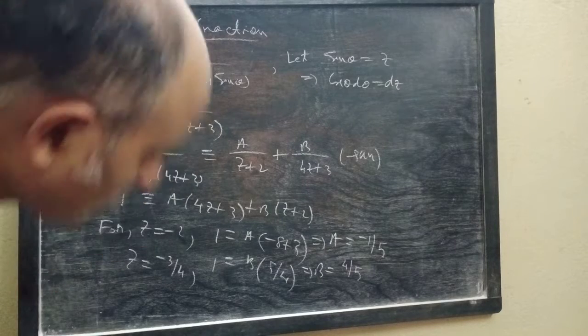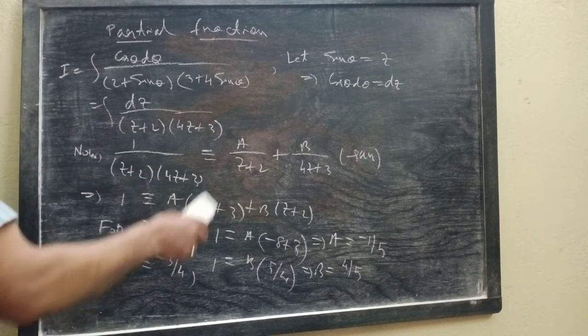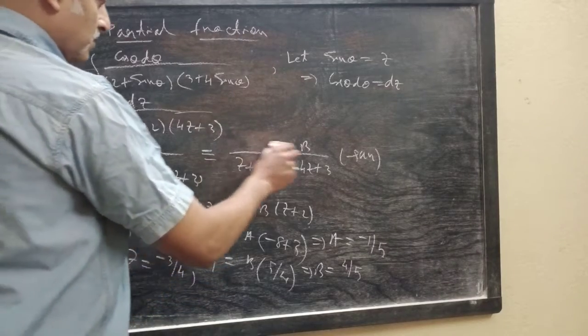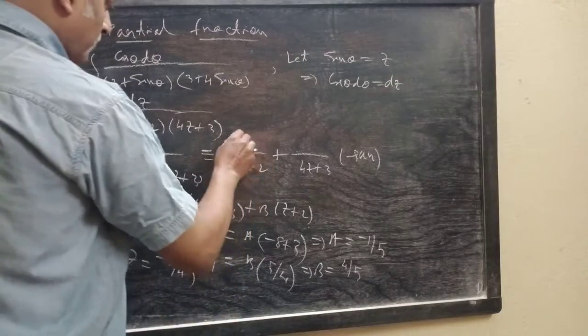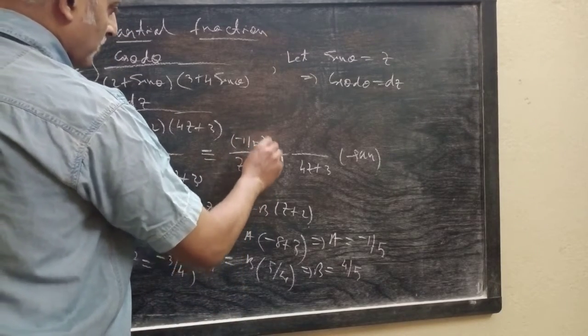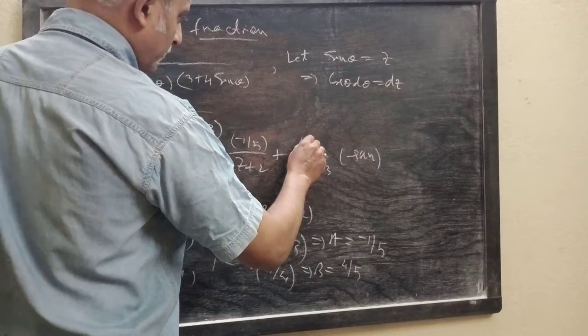Now we have to write again this fraction identically equal to this one, minus 1 by 5, b is 4 by 5.